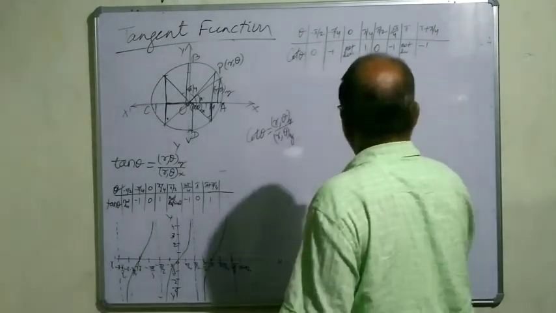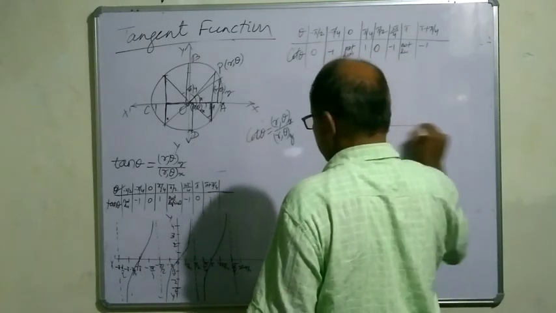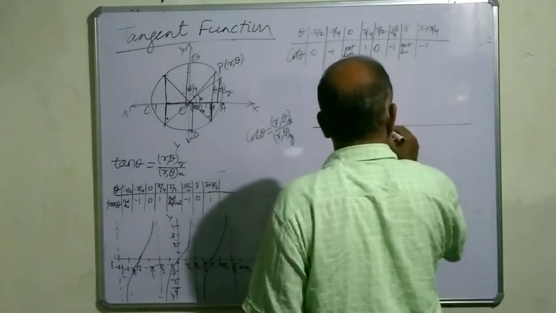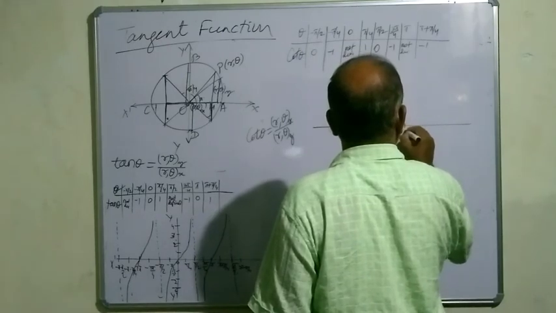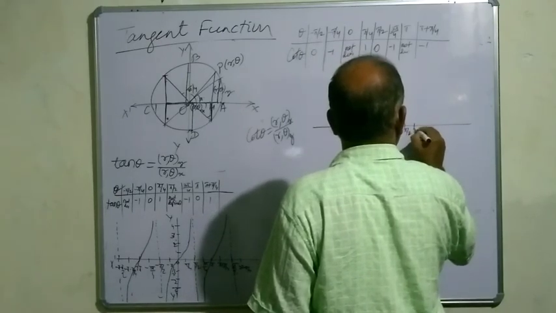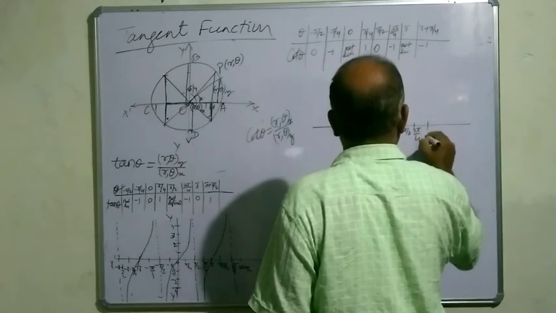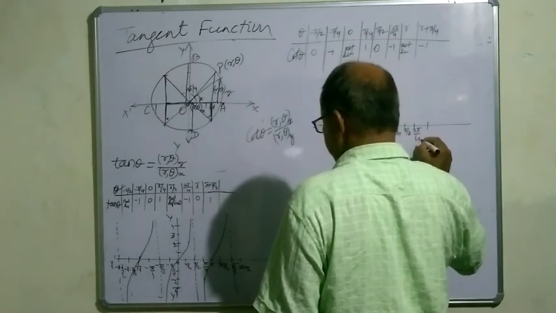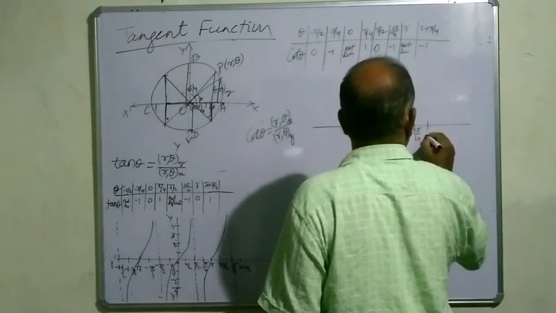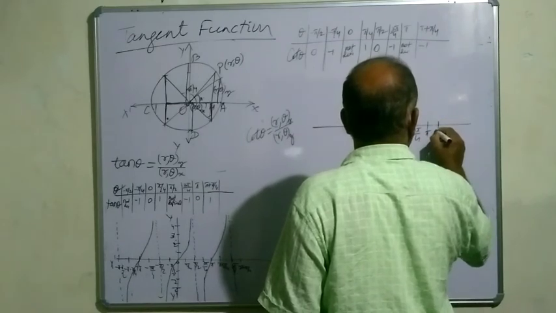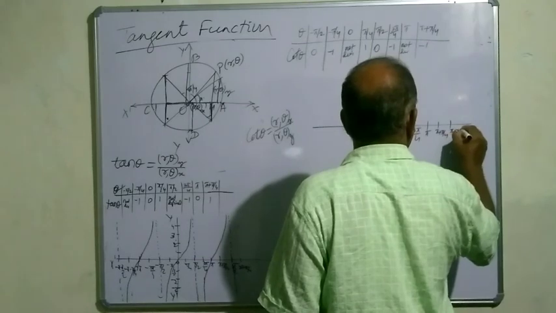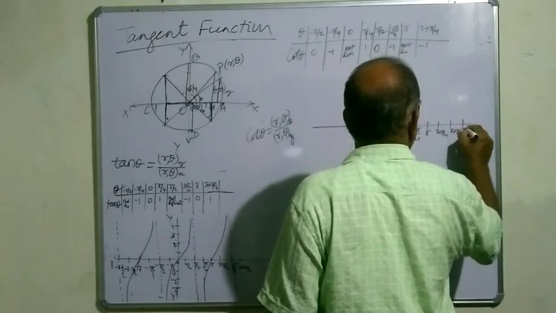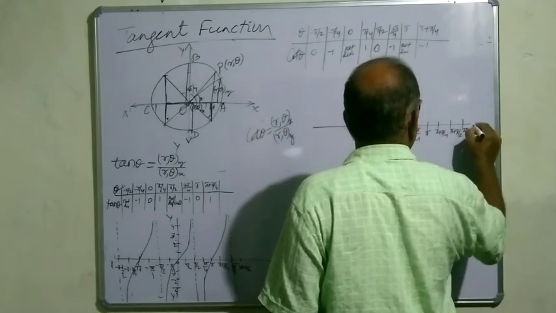That means the curve will be what? Suppose this is 0. It is pi by 4, pi by 2, 3 pi by 4, right? Pi plus pi by 4, pi plus pi by 2, and 2 pi minus pi by 4.